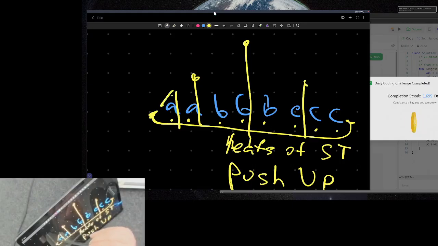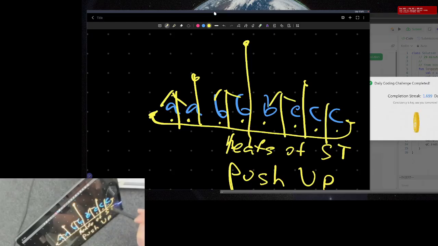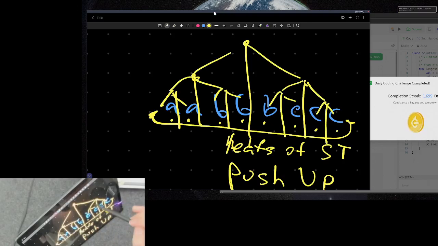So like this, and then like this, and then like this. This is how a segment tree goes.